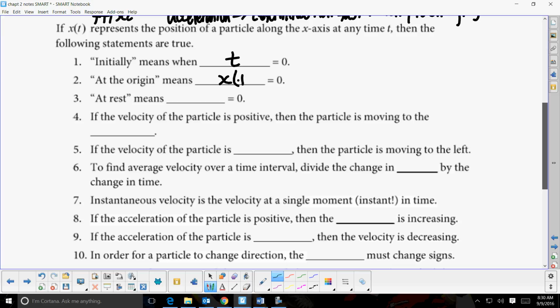You may want to write x of t, right, which is the position. If you write x, I'm fine. If a particle is at rest, what's equal to 0? Velocity. Is that okay? Okay, try 4 and 5.